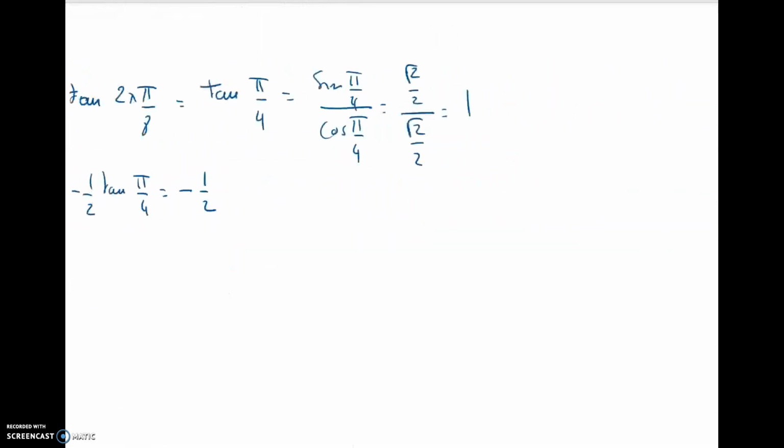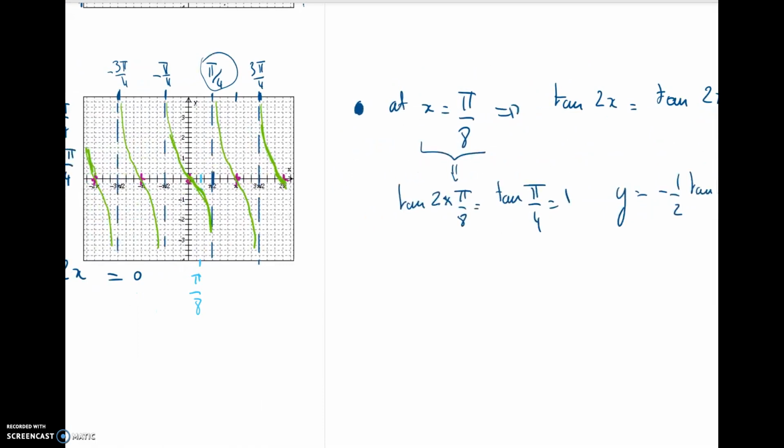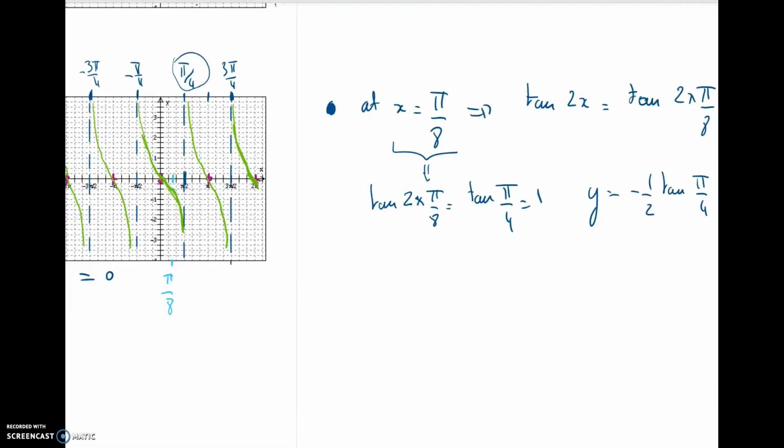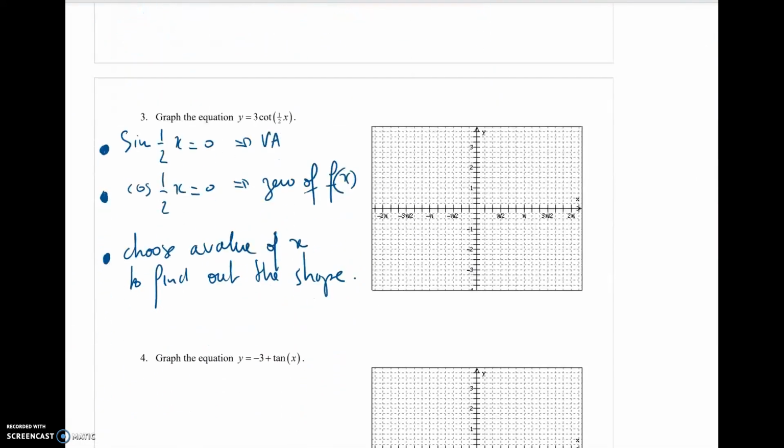And I found that it was about negative 1 over 2. So when x equals pi over 8, I was supposed to get negative 1 over 2, and that helped me define the shape, because as soon as I knew that a point was right there, I was able to define the shape of my function y.